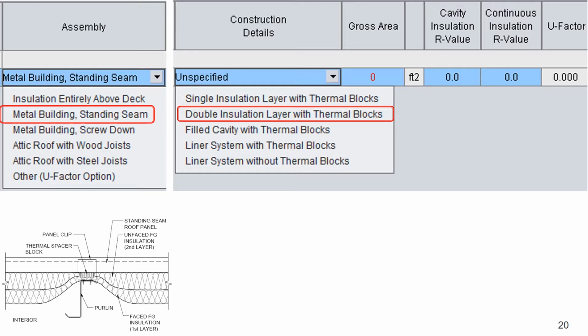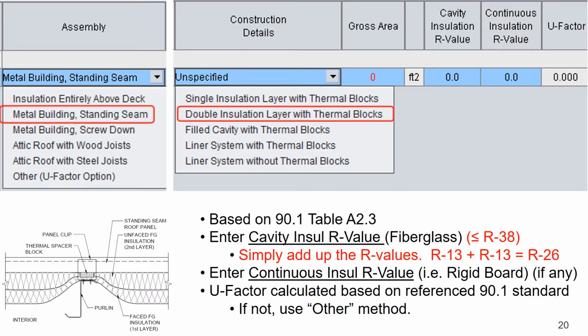However, if you selected one of the older energy codes from the drop-down menu, this could very well be an option that you are using, such as in the 09 IECC, which allowed the double layer sag and bag type of system.